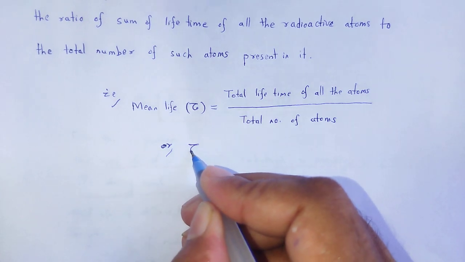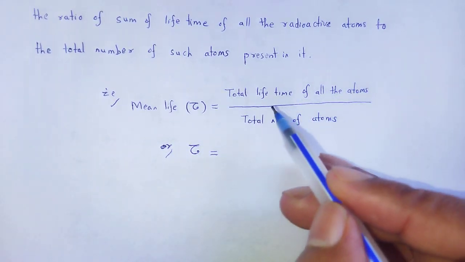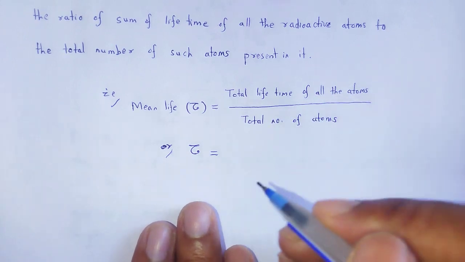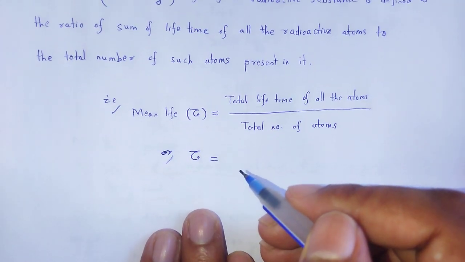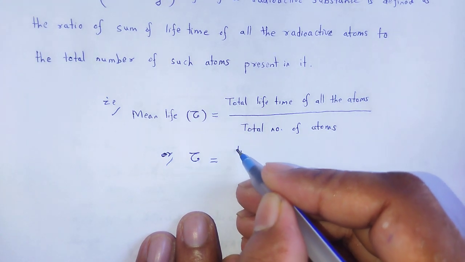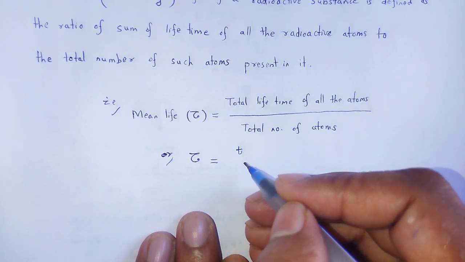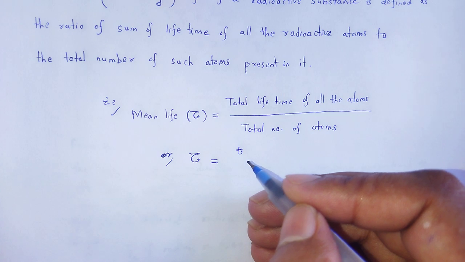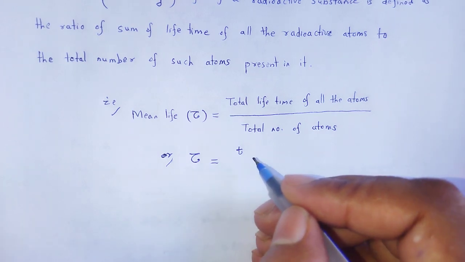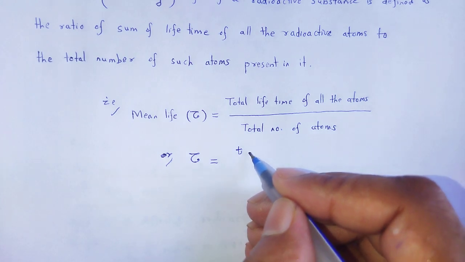So, tau is equal to the total lifetime of all the atoms. How is it calculated? At a time t, the number of atoms that disintegrate in time dt is dn.